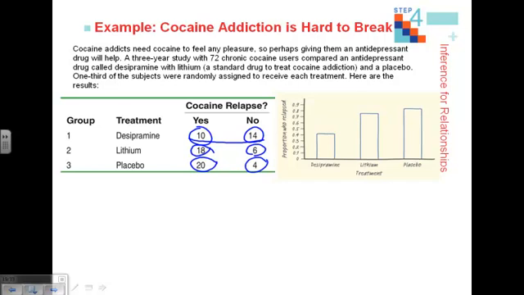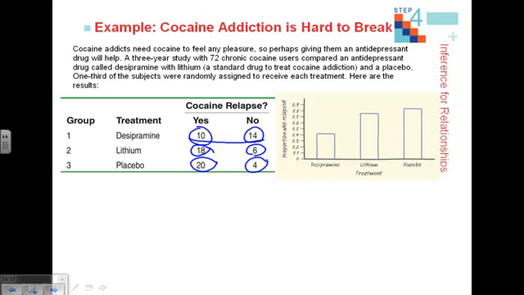So let's go ahead and do the chi-square analysis for this. Now, if we're doing it under the focus of homogeneity, we're basically saying, do we think the proportion of people who relapse after using desaspermine is equal to the proportion of people who relapse after using lithium as their drug to help them out of their addiction, versus the proportion of people who relapse using placebo?